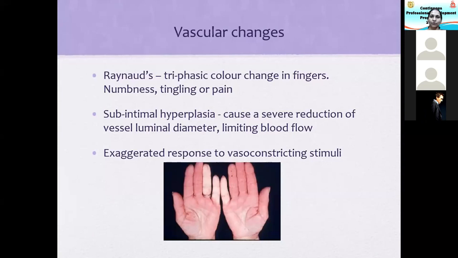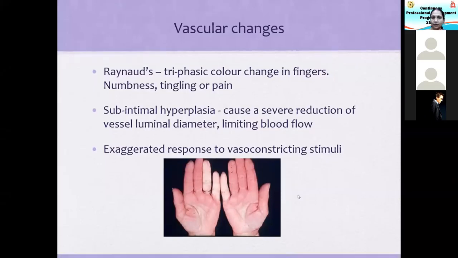The usual triphasic color change in fingers is needed to establish Raynaud's, that is the ischemic, hypoxic, and the reperfusion changes. Along with this, there'll be numbness and tingling or pain. And there's also an exaggerated response to vasoconstrictive stimuli. You see, with very advanced Raynaud's, you might even see a picture like this.